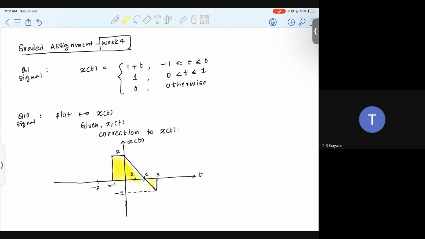Any other doubts? Yes, ma'am. In graded assignment 3, last question. Oh, graded assignment 3, okay. Are the two signals orthogonal? That question, right?